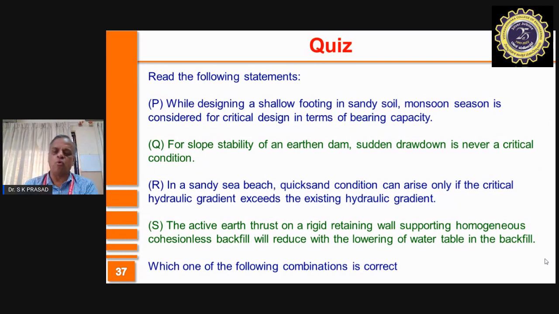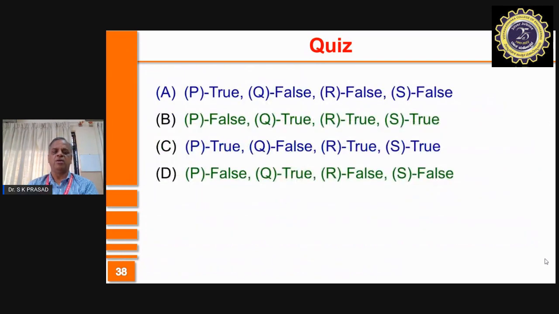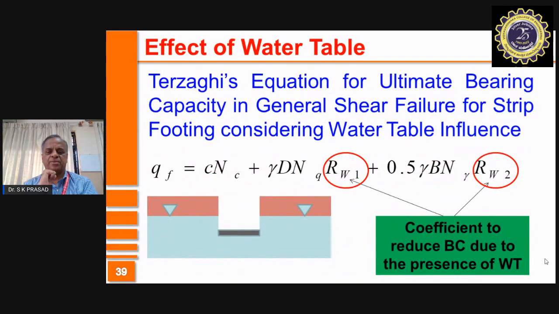So you need to go back to the equation for bearing capacity. And this is the equation for bearing capacity. I have taken Terzaghi's bearing capacity theory. Compared to the last equation, I have just added the effect of water table. So whatever you see here, Rw1 and Rw2, they form the coefficients which have to be taken into consideration due to the reduction in bearing capacity because of the presence of groundwater table close to the building, close to the foundation.